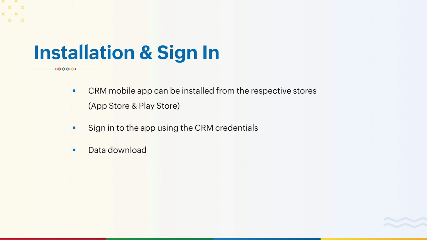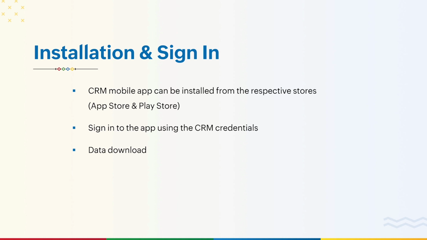Installation and sign-in. The CRM mobile app is available on both the Android and the iOS platforms and can be installed from their respective stores. Once you install the app from the store, you can sign into the app with the same credentials, which will download all the CRM data in the mobile app. Once the download is completed, you can access the data such as the records and their related information even when you're not connected to the internet.